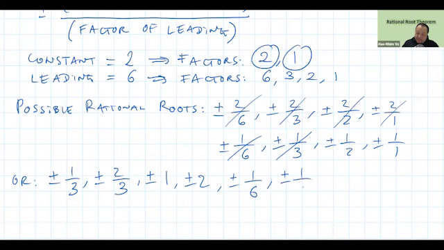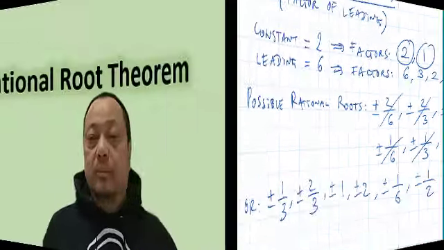Plus or minus 1/2, and plus or minus 1 that I already have. 12 possibilities. If you want to, you can go ahead and try plugging in and see which of these numbers works out as a rational root. Spoiler alert again, the rational root is positive 1/3, and the other two roots are irrational.